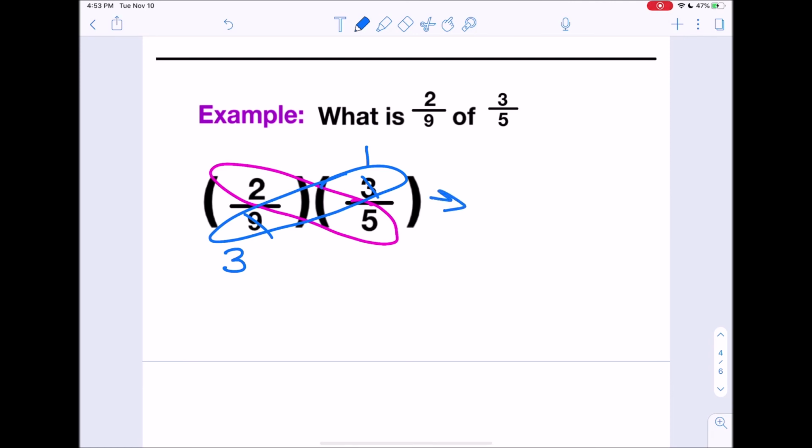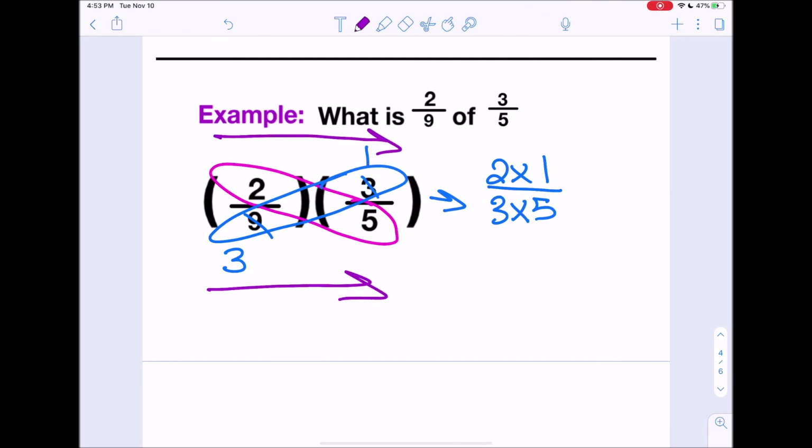So this is going to turn into 2 times 1 over 3 times 5. Okay, we're still multiplying across. Okay, except now it's going to be 2 times the 1 and 3 times the 5. So we get an answer of 2 times 1 is 2, and 3 times 5 is 15, and we get 2 out of 15.